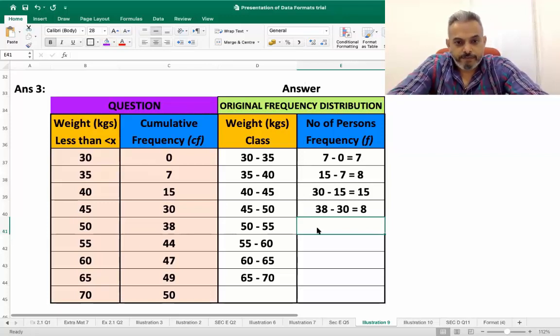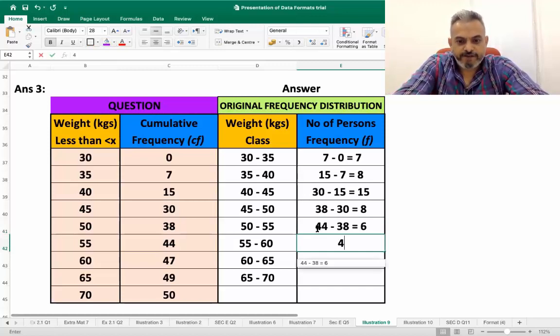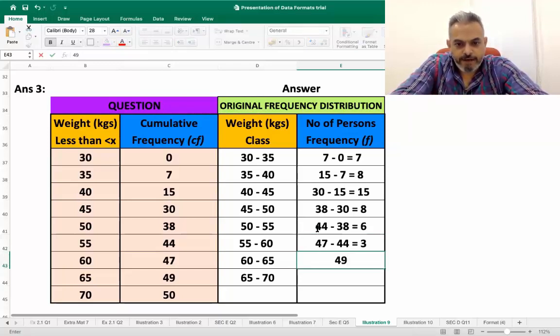Then 44 minus 38, which is equal to 6. Then 47 minus 44, which is equal to 3. Then 49 minus 47, which is equal to 2.